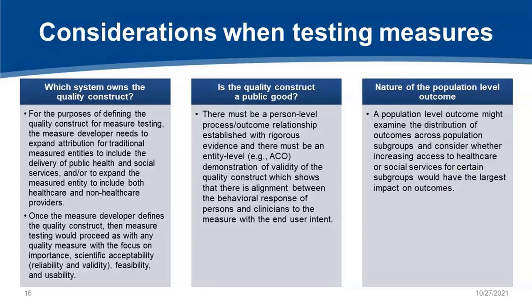Now that's a mouthful, but the idea is that you need to be able to demonstrate that changes either to patient behavior or changes in, let's say, clinical processes are actually going to drive improvements in the population's health in order to be useful. And then the nature of the population-level outcome: a population-level outcome might examine the distribution of outcomes across population subgroups, and consider whether increasing access to healthcare or social services for certain subgroups would have the largest impact on outcomes.